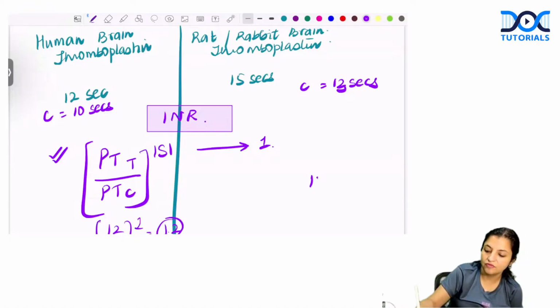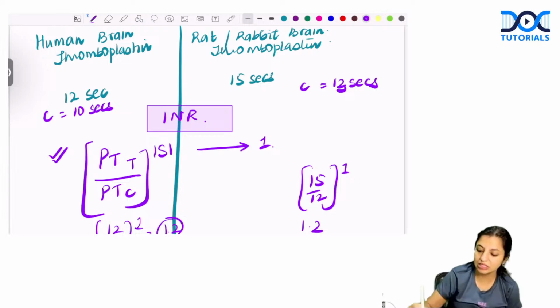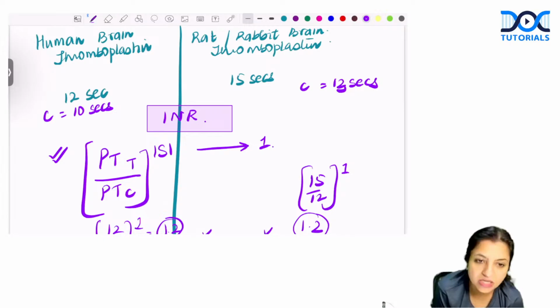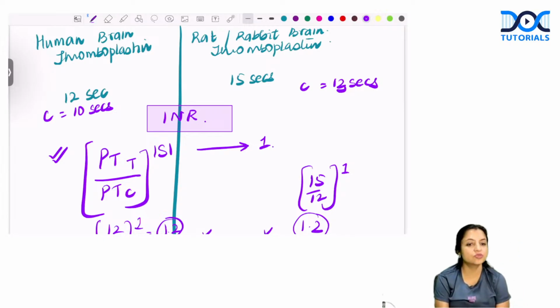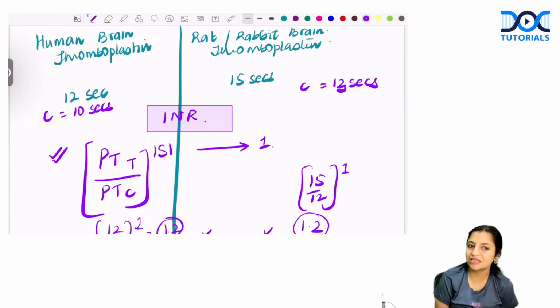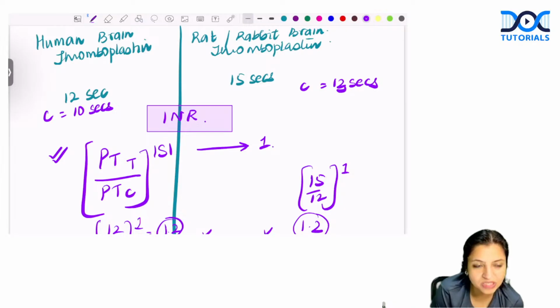In another lab, the control was 12 and the test 15, so 15 by 12 raised to the power of 1 is also 1.2. You can see that the INR in both cases, even though from different labs, came out similar. So they said that till your INR becomes more than 2, you don't need to change the drugs. That is why we always report PT as INR.